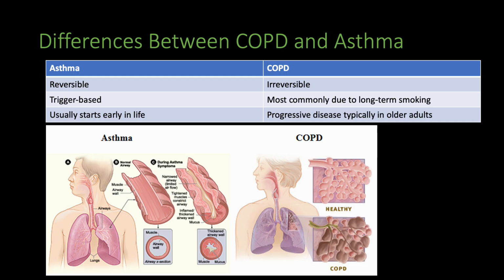It is usually trigger based, so if there's a cold or an infection of some sort, or maybe some allergic symptoms, allergies, any of those things can trigger asthma symptoms or asthma disease over time.